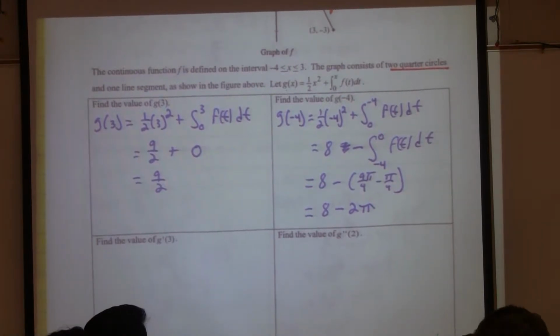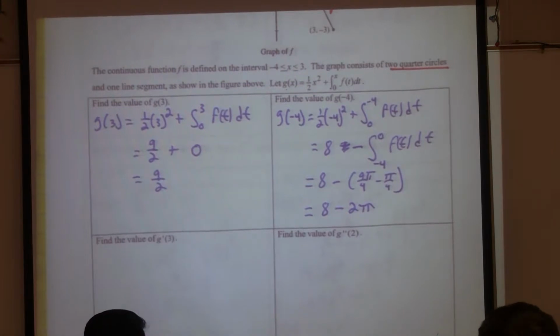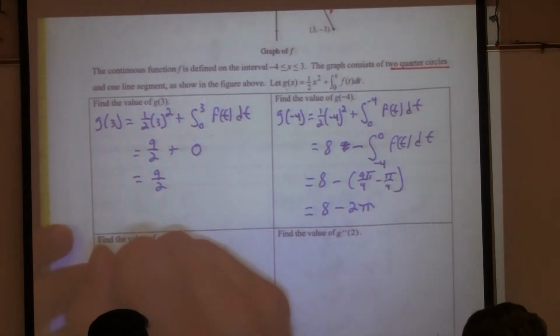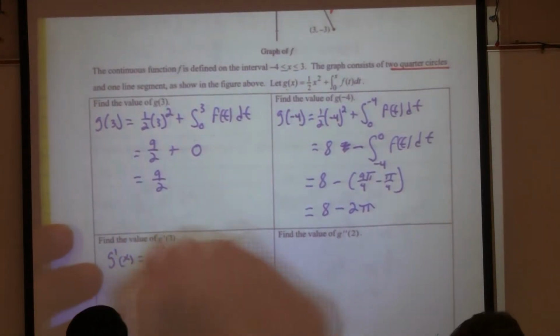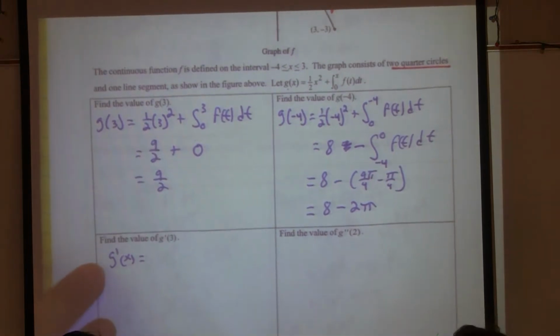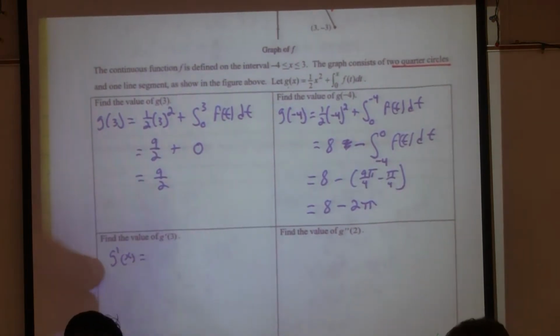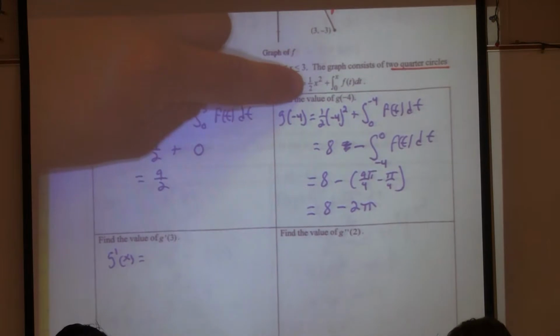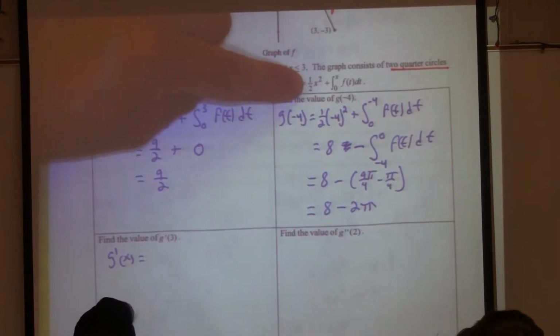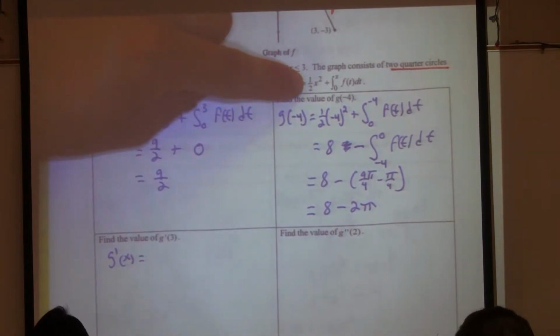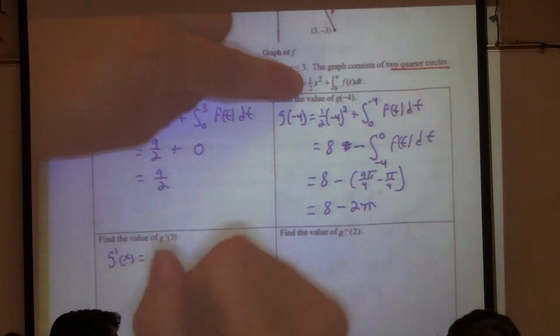The next one is asking for g prime. So let's find out the formula for that before we actually plug in the number. So what would g prime of x be? Derivative of the first part, the derivative of 1/2 x squared, is just x, right?